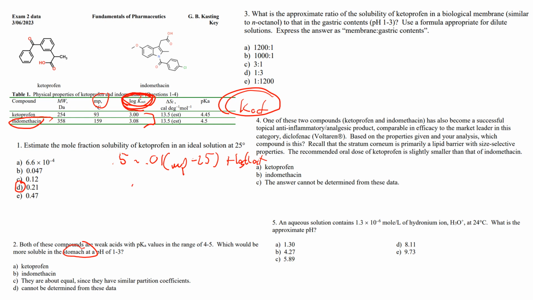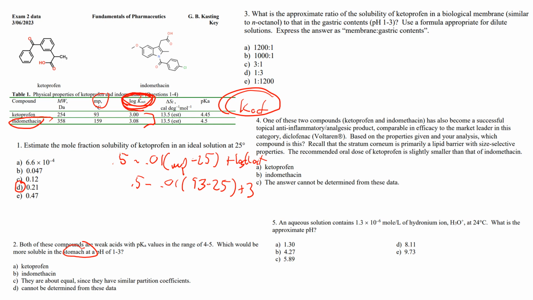So essentially set up two equations. I'll do the ketoprofen first because it's on top. 93 minus 25 plus 3.5. Sorry, I'm just typing this into my calculator rather poorly, I might add. 0.01, 93 minus 25 plus 3.